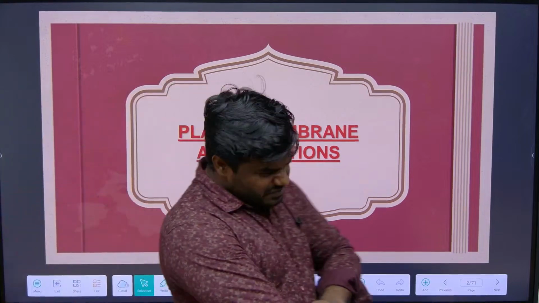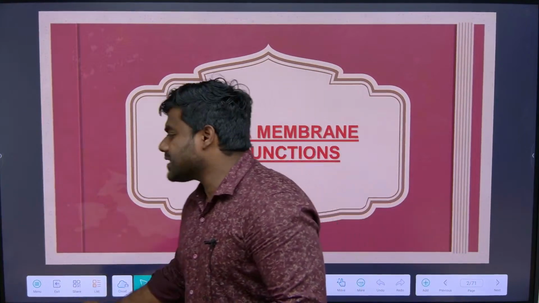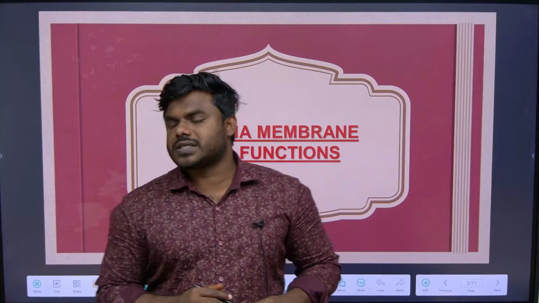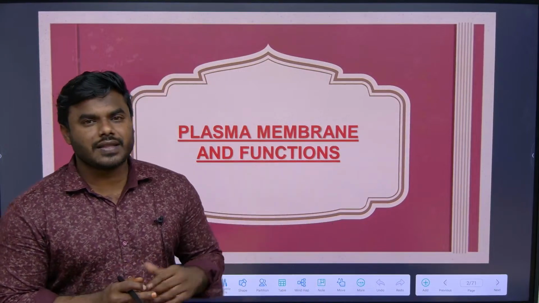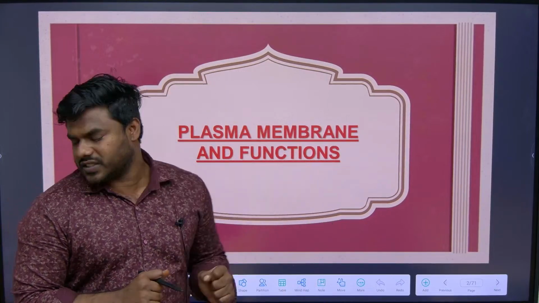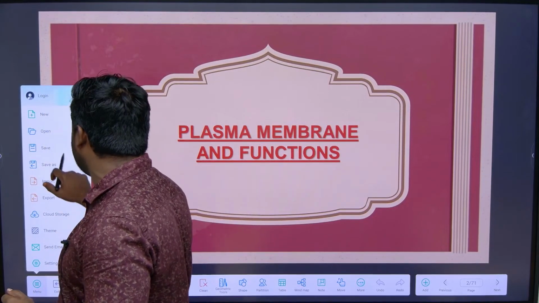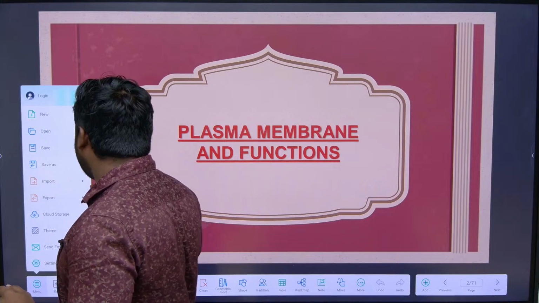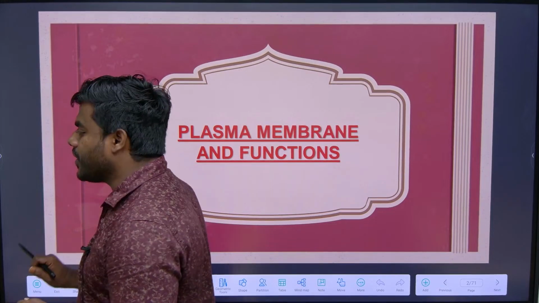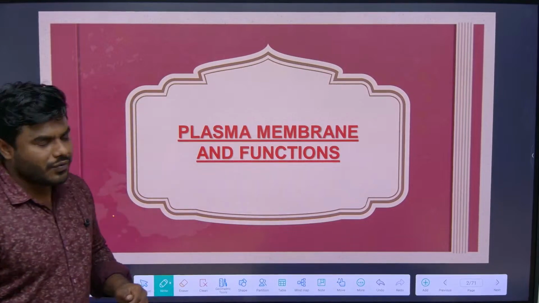Let's continue. As we discussed in the last class, today I will be starting the cell biology topic first. I think we have done the complete syllabus analysis. For zoology also I will do the syllabus analysis on Monday, and we will do it continuously.